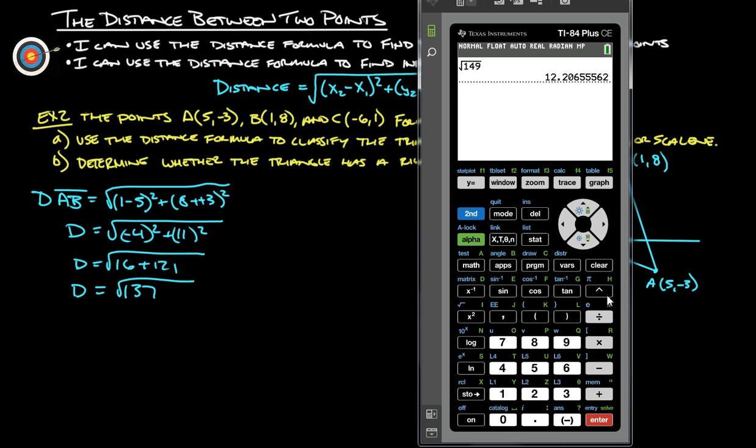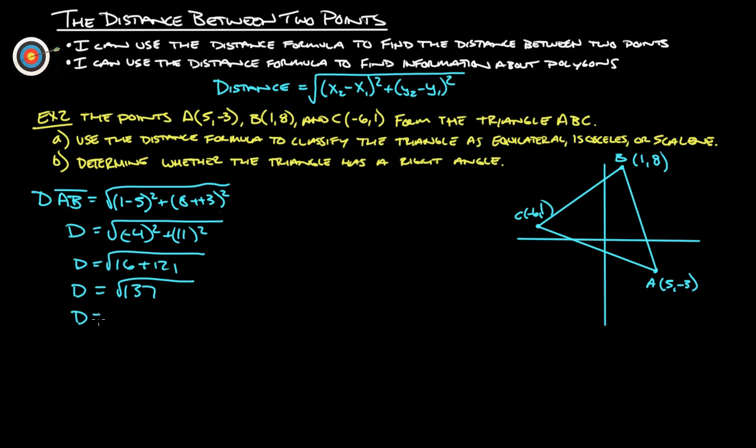So now we're just going to take the square root of 137 and we get 11.704. So 1, 2, 3, 0 tells the 7 to stay the same, so we're going to go with 11.7. Okay, so this is 11.7, we're calling it.